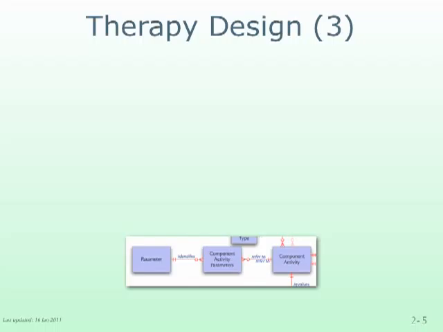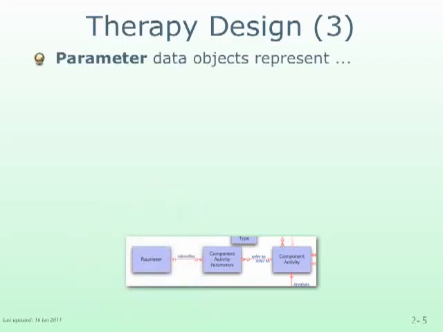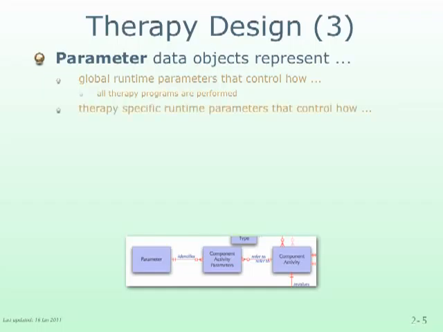So first, there are the parameter data objects, which can be used as global runtime parameters to control how all therapy programs are performed, or therapy-specific runtime parameters that control how a specific therapy program is performed or a specific group of therapy programs are performed.